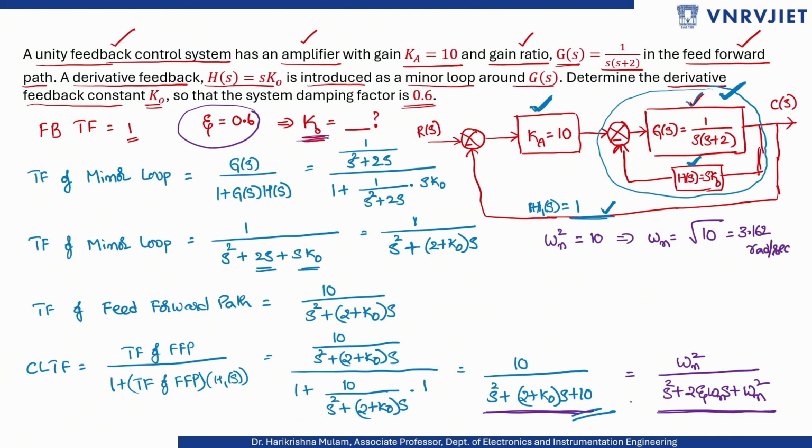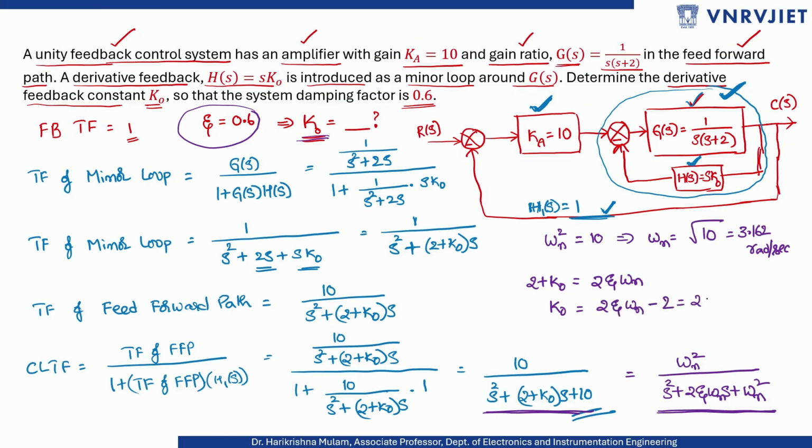Similarly, if you compare this 2 plus K naught times S with 2 zeta omega n S, you can write 2 plus K naught is equal to 2 zeta omega n. Therefore, K naught is equal to 2 zeta omega n minus 2.